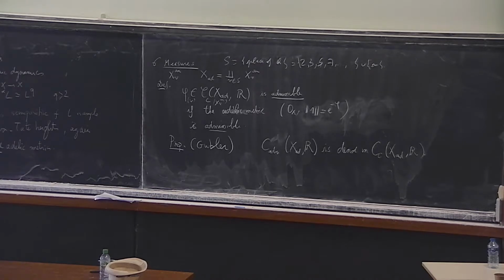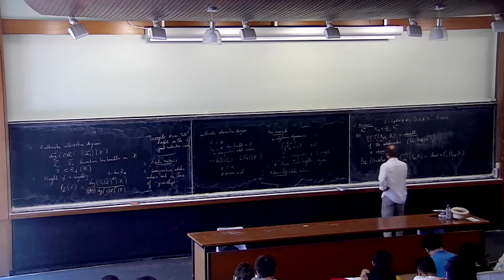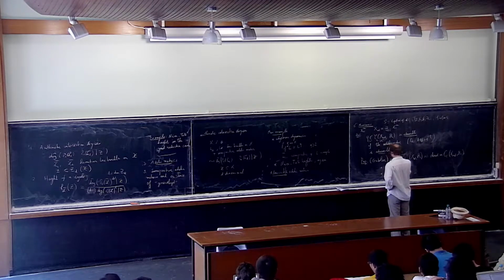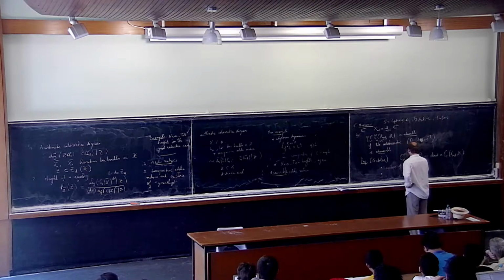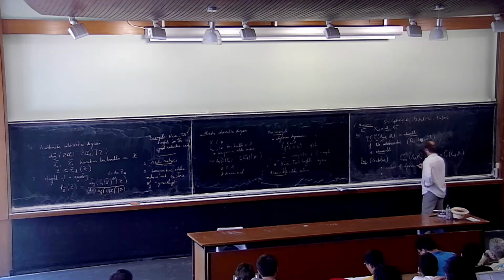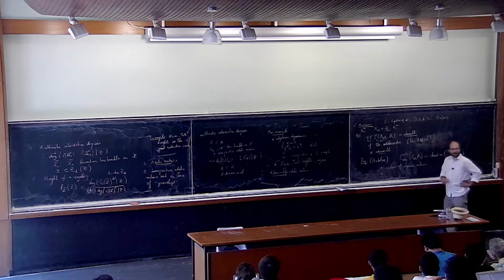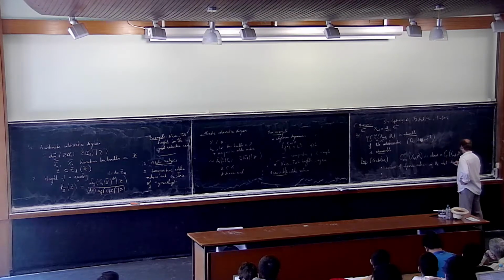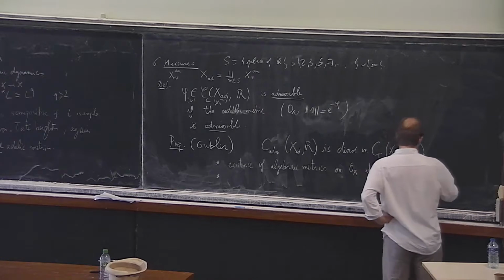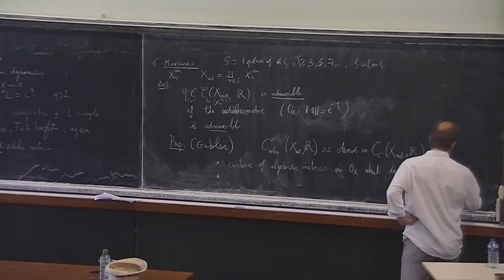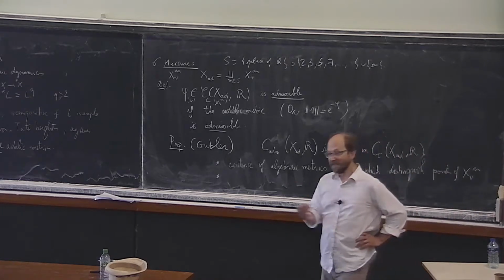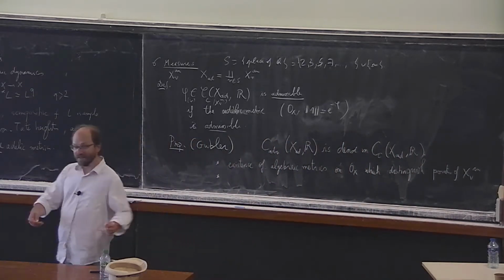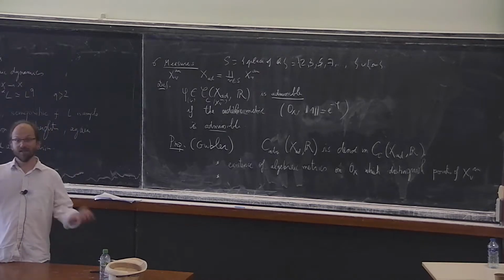And this result is a combination of the existence of algebraic metrics on O_X which distinguish points of X_v^an. So when I have 2 distinct points in X_v^an, there is an algebraic metric that gives different values at those 2 points.